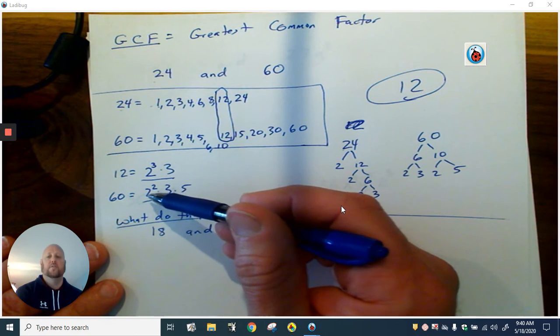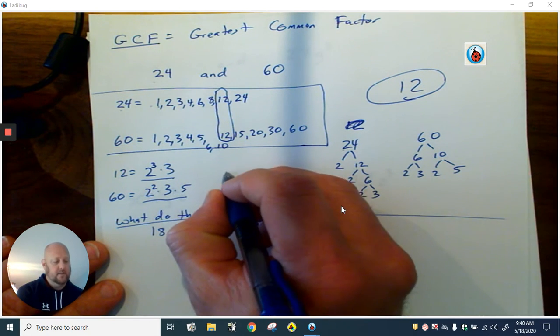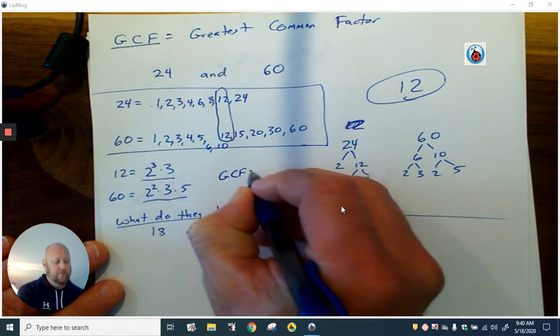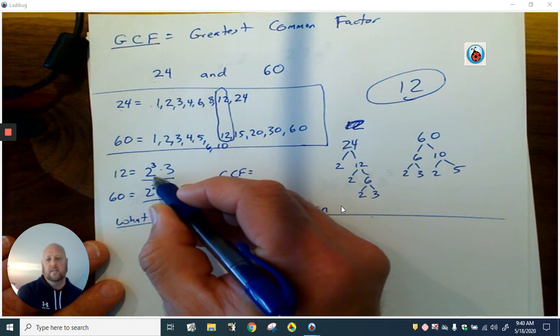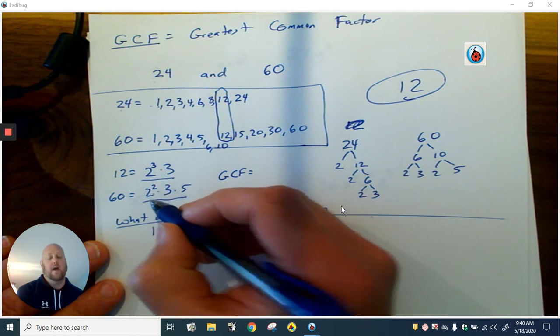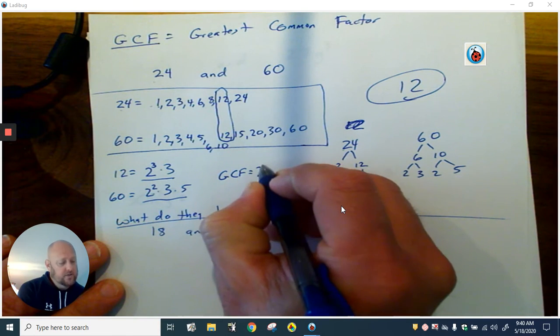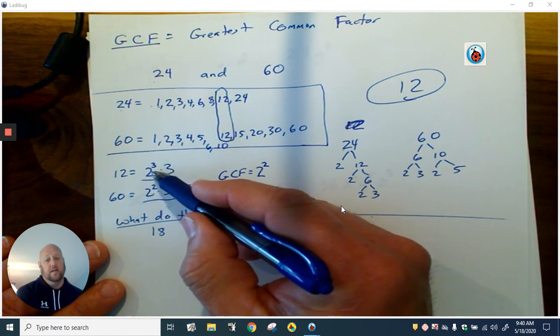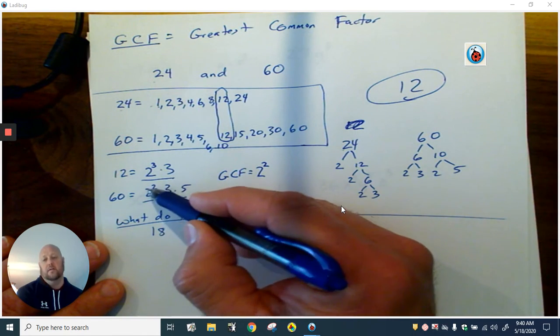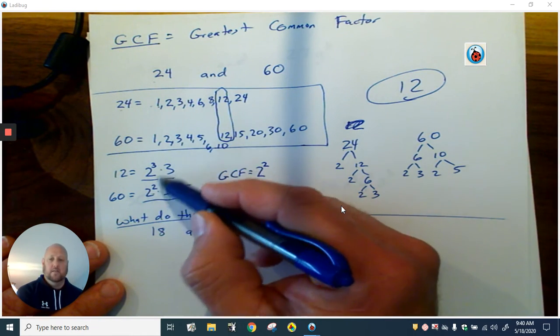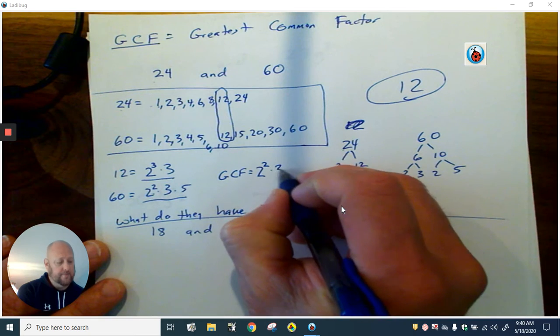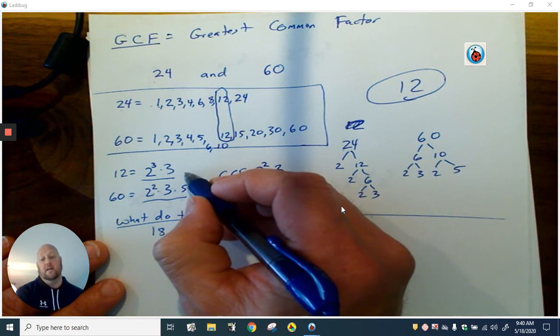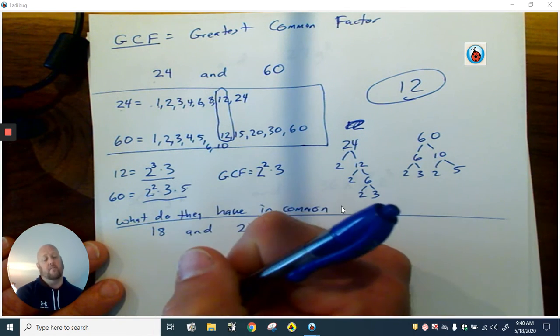How many 2s do they both have at least? So the GCF would mean, well, this has 2 2s, this has 3 2s. They both have at least 2 2s. Okay? This one has 3, but what do they have in common? They both have at least 1 3. This has a 5, this doesn't, so they don't both have a 5.